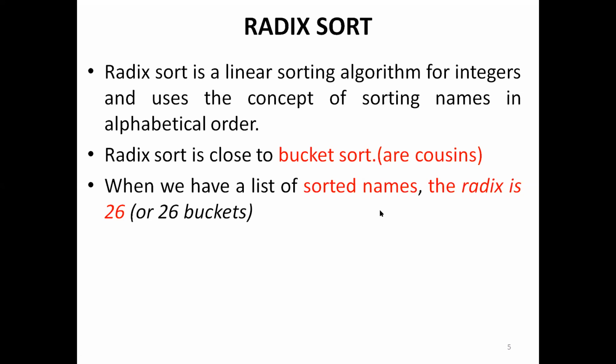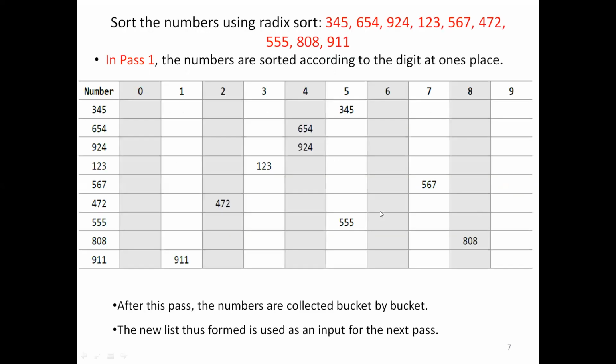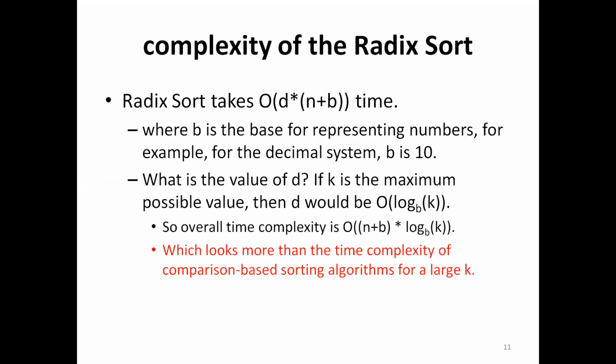Just recollect how the radix sort works, okay? Like in the previous class I taught the radix sort, right? Radix sort works based upon the number of buckets, right?